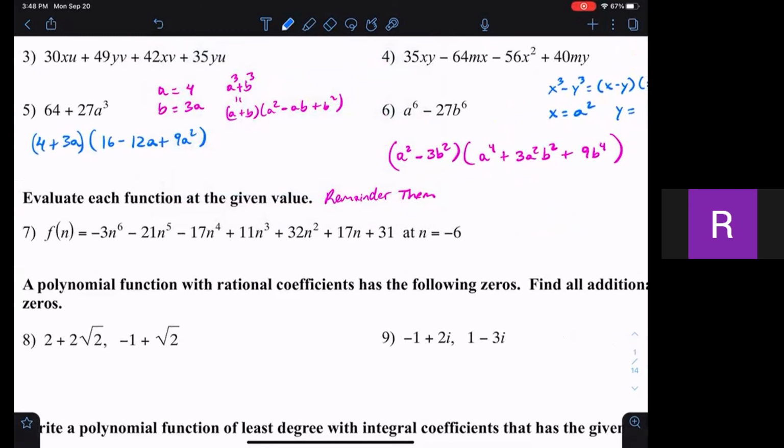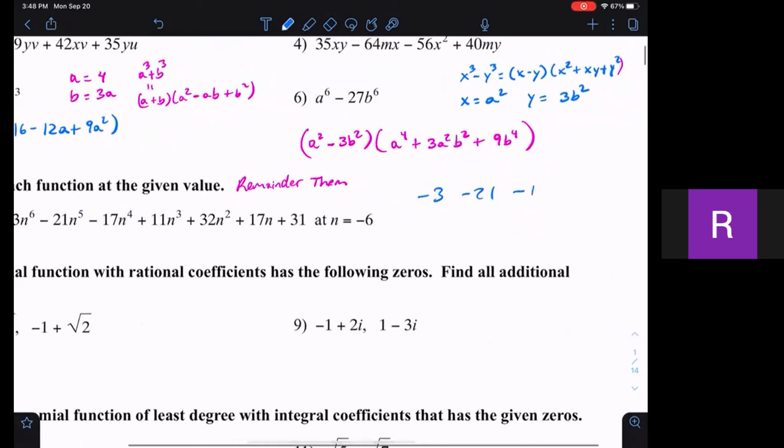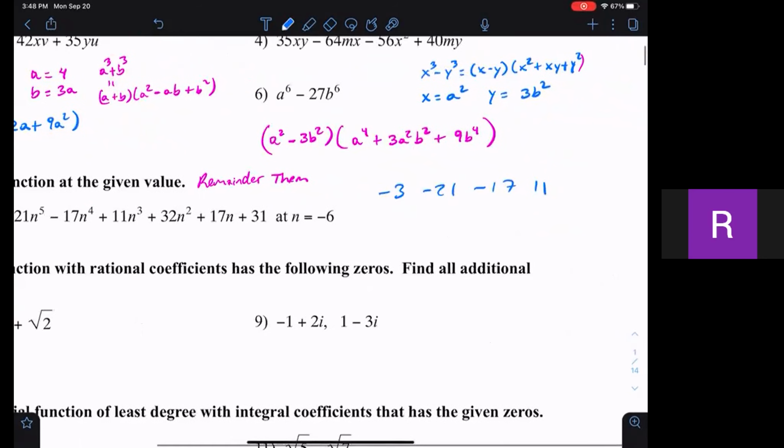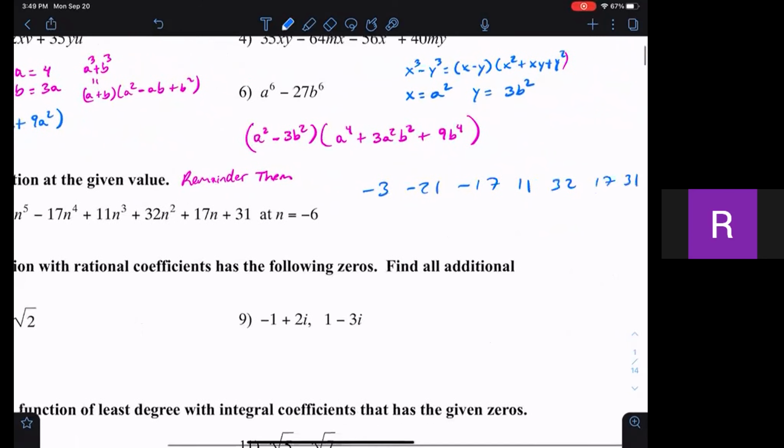So this is going to be -3, -21, -17, 11, 32, 17, and 31, okay? And you put the -6 here. And you do the synthetic division.